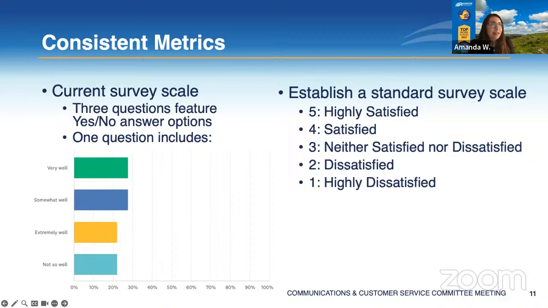So the idea is to establish a 1 through 5 scale, where 5 is highly satisfied and 1 is highly dissatisfied. That is completely open to everyone's feedback if that's something you'd like us to move forward with. It would just give our audience a few more options to rate their overall experience.